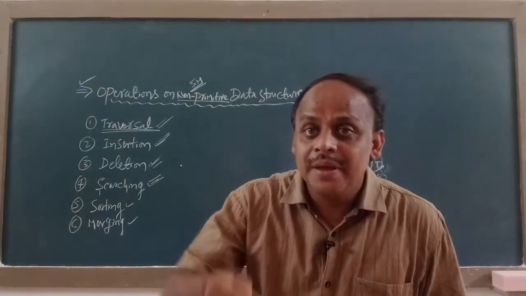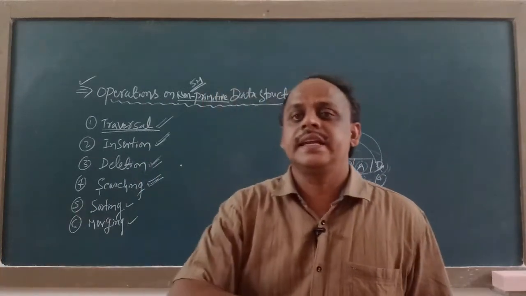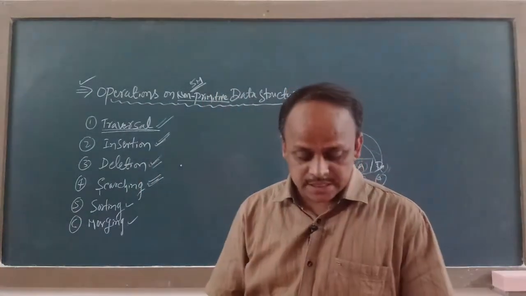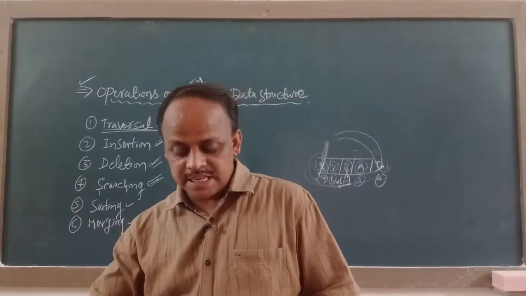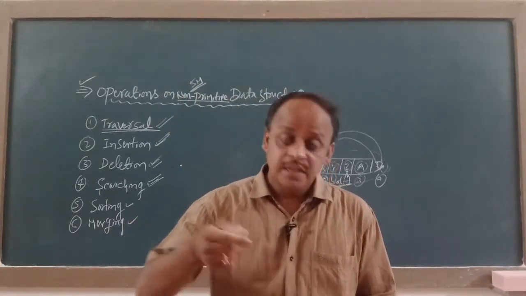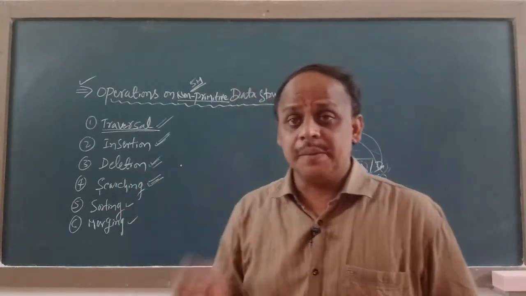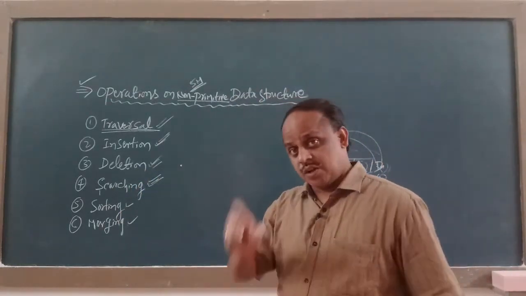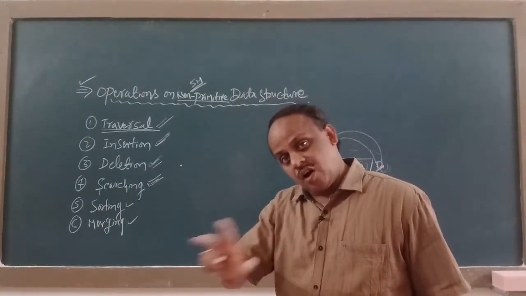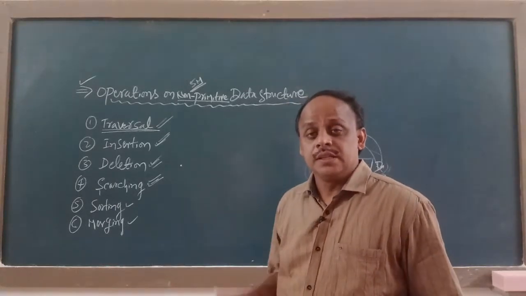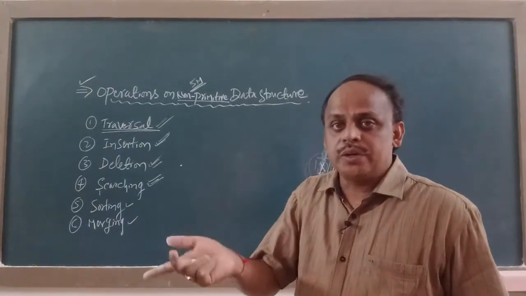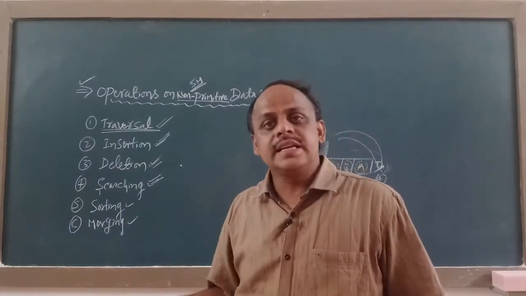That order may be ascending order or descending order, right? Sorting means arranging data items in an order, and that order may be of two types, ascending or descending.